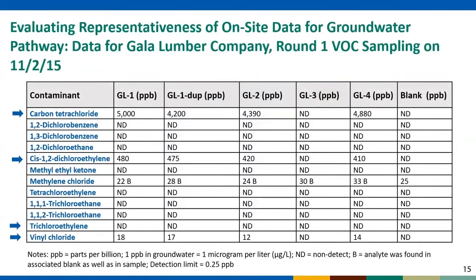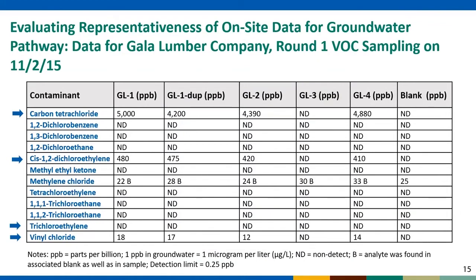Now let's look at the representativeness of on-site groundwater data for the TCE spill area in the northern part of the site, which is referred to as Operable Unit 1. This table represents the first round of on-site VOC groundwater sampling from the 4 monitoring wells, with samples collected for down gradient wells GL1 and GL1 duplicate, GL2 and GL4, and the 1 upgradient well, GL3.